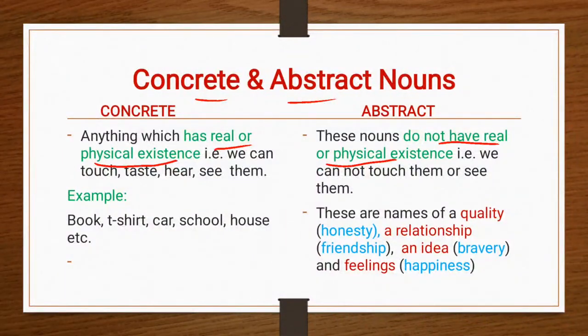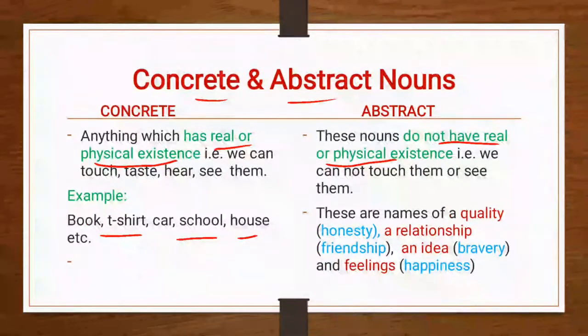Let's understand them with examples. Book, t-shirt, car, school, house are the examples of concrete nouns because they have real or physical existence. We can touch them and see them, and that's why they are concrete.